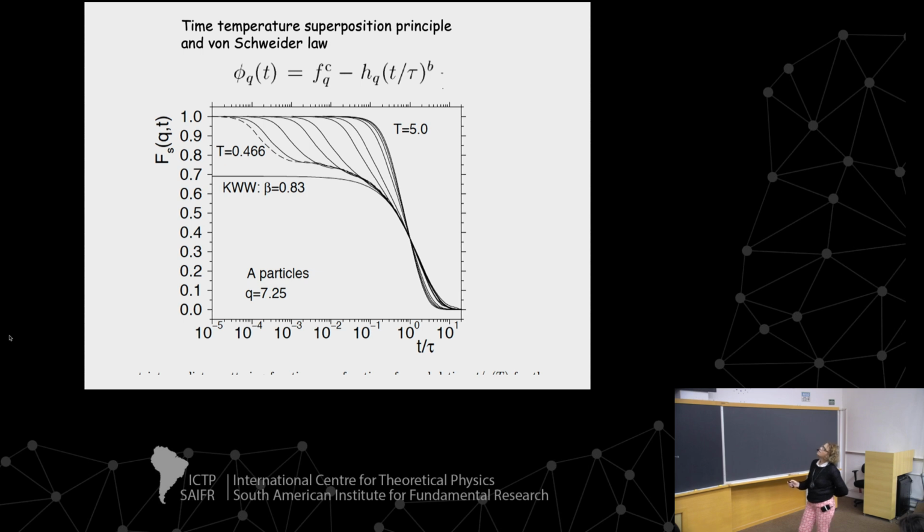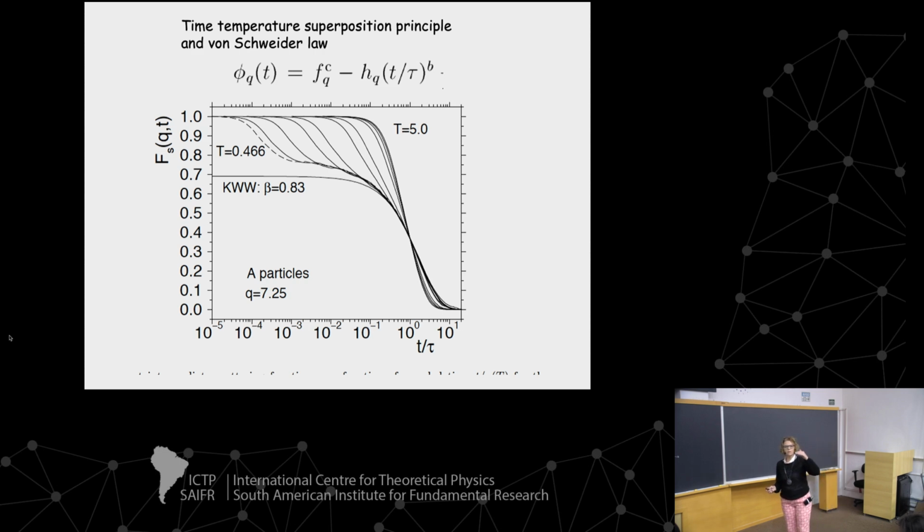The theory predicts, in fact, if you do this, t over tau, that the phi of Q is universal, universal for that particular fluid, and it's equal to f of Q minus H, a constant, times t over tau to the b.